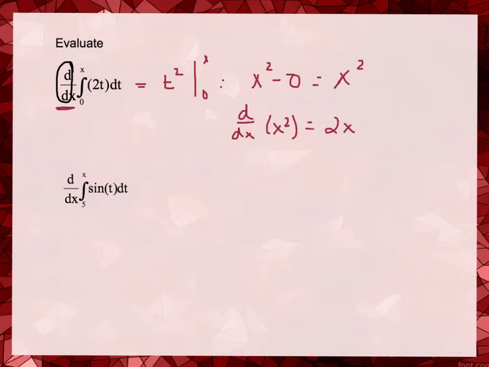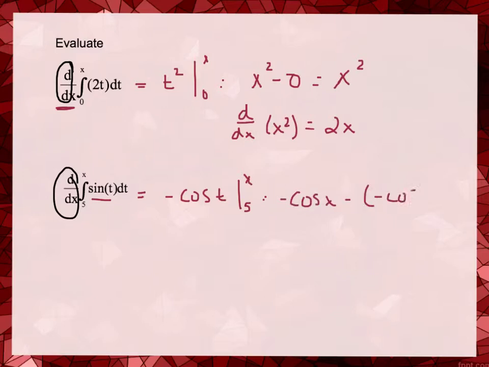Say we want to find the derivative of the integral from 5 to x of sine of t dt. Well, we know that the integral of sine of t is negative cosine of t, but that's got to get evaluated at x and 5. So that's negative cosine of x minus negative cosine of 5. But minus negative is plus.